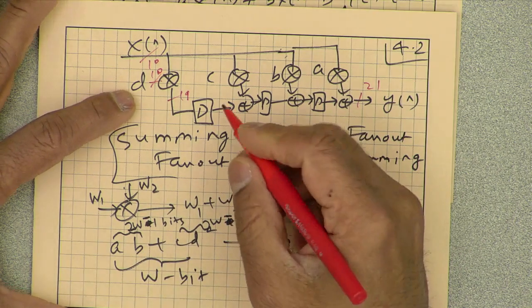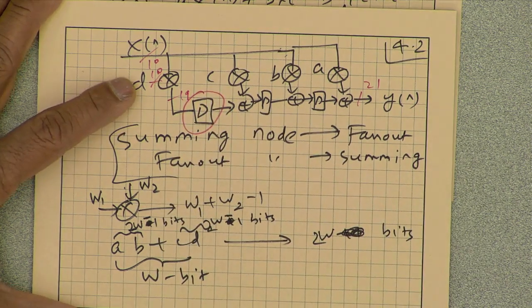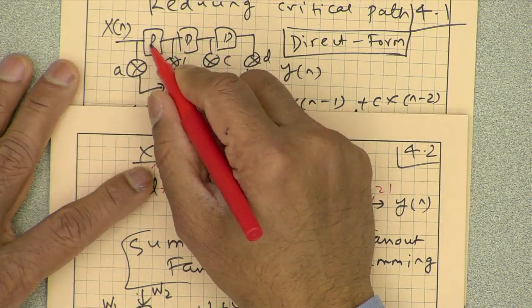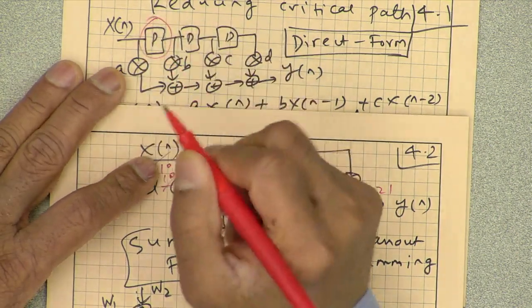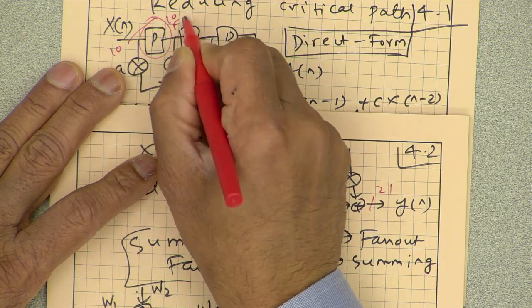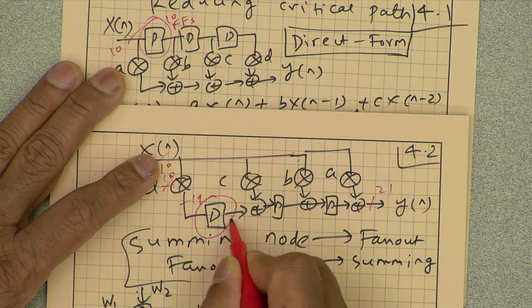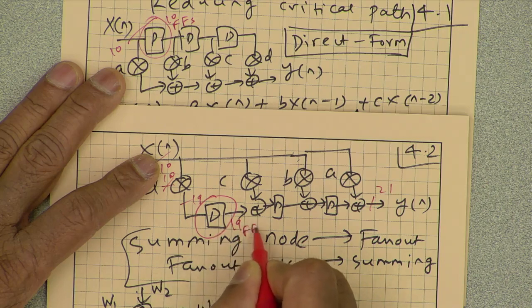So what I am trying to say is that this delay element, the so called delay that looks to be same as that delay, in fact this delay element will consist of 10 flip flops in the direct form, whereas this particular delay will correspond to 19 flip-flops.